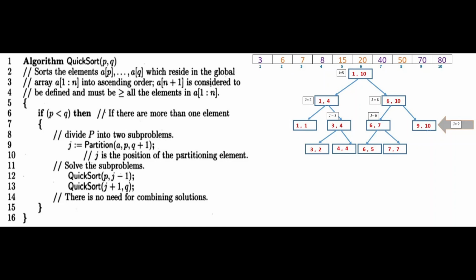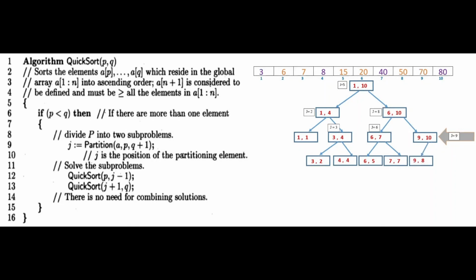Next we have to execute two recursive calls. First we execute the first recursive call, quicksort of p comma j minus 1, and go to the left subtree of the node. Quicksort of 9 comma j minus 1, the values are 9 and 8.